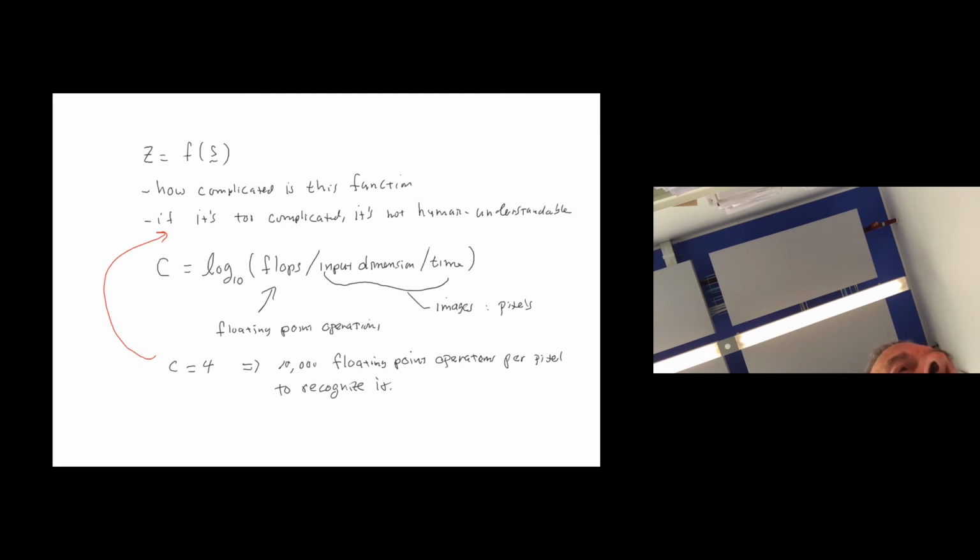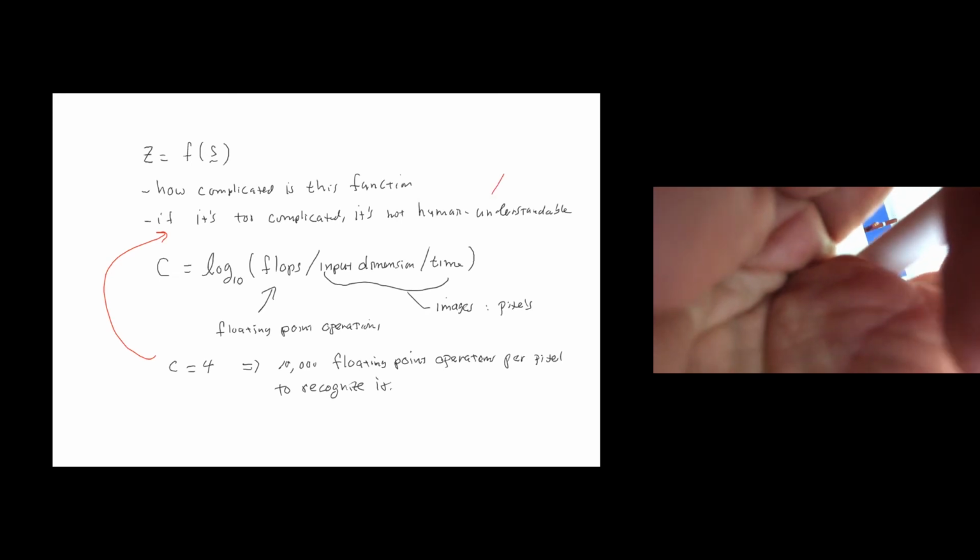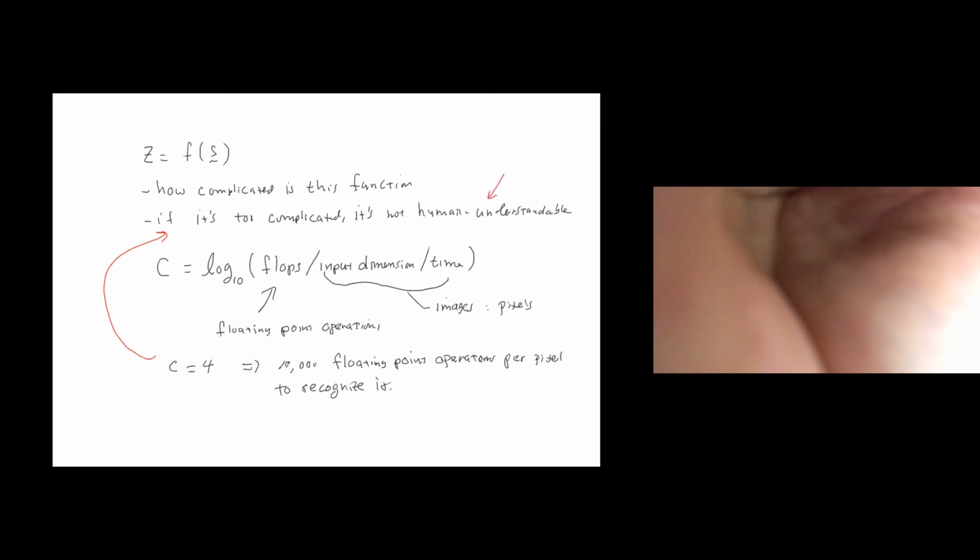But you deeply understand the computation. So just because it takes a lot of computing power doesn't mean the function is not understandable. So this is not something provable. This is currently opinion.